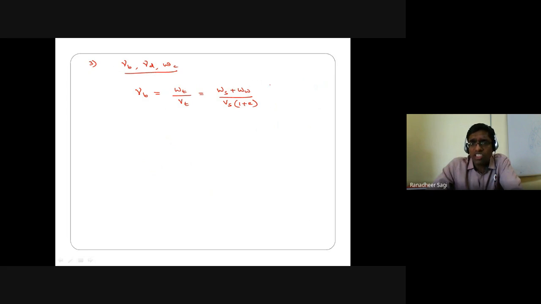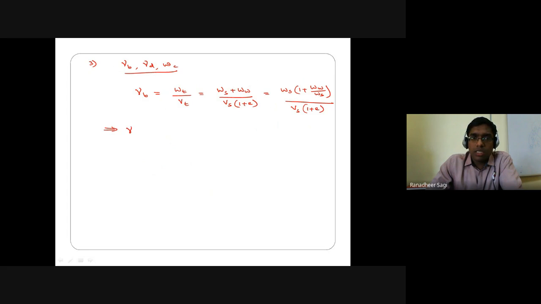Now further, I'll take Ws common from the numerator term. So if I take Ws common from the numerator, what I'll have is 1 plus Ww by Ws, total, divided by Vs into 1 plus e. So now what I am getting here is gamma B is equal to, what is Ws by Vs?